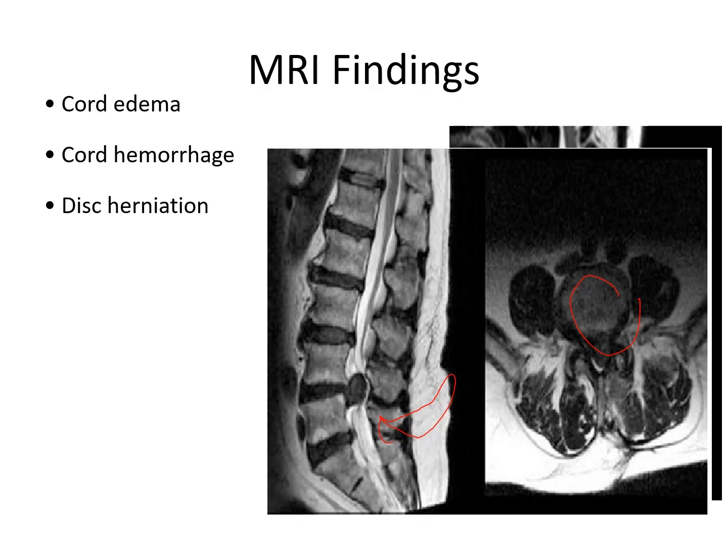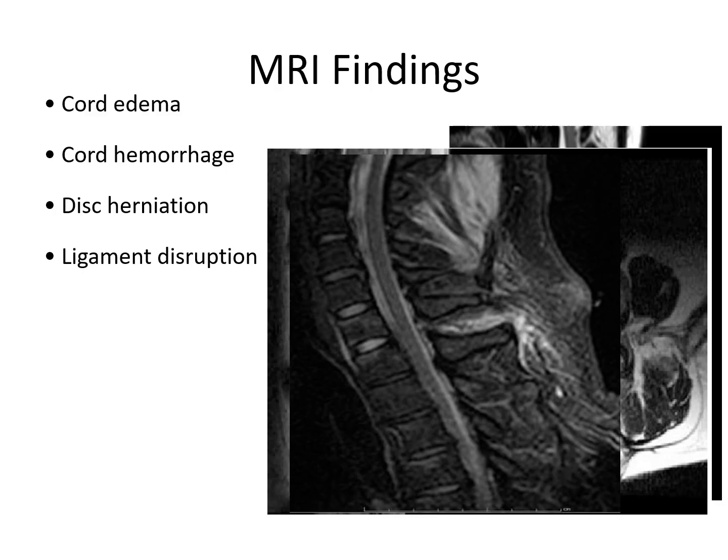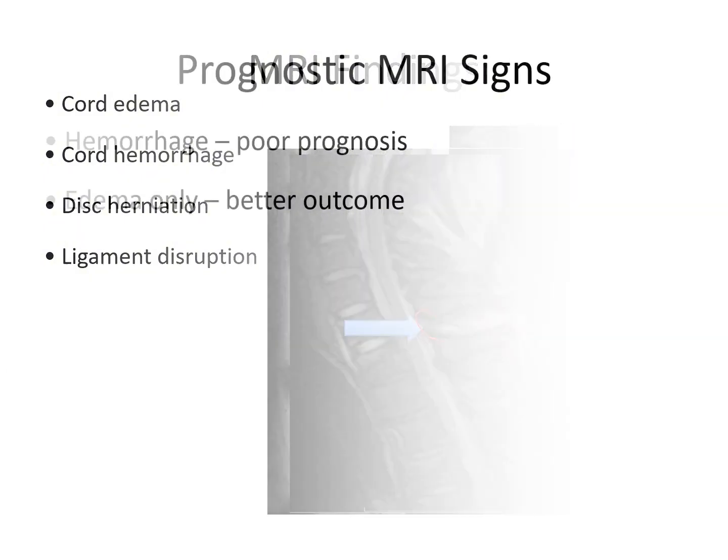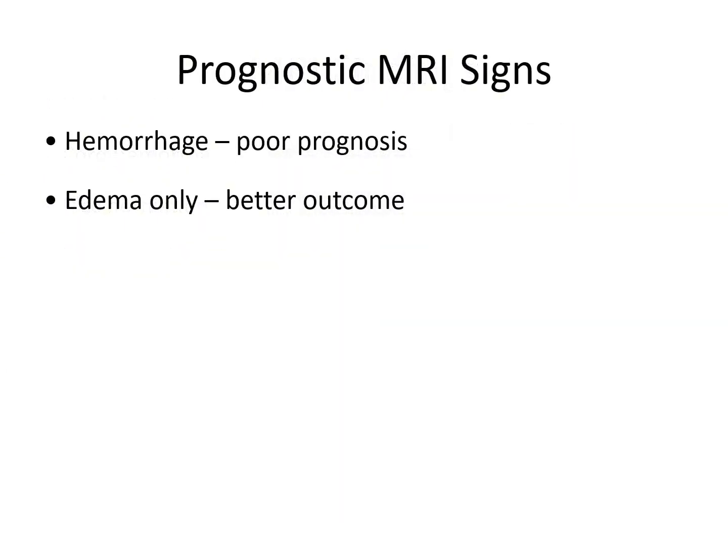Disc herniation: here we can see the disc herniation. Now the ligament disruption. We can see here the ligamentum flavum is completely disrupted at this level, and there is also soft tissue edema, and this is the posterior ligament disruption.